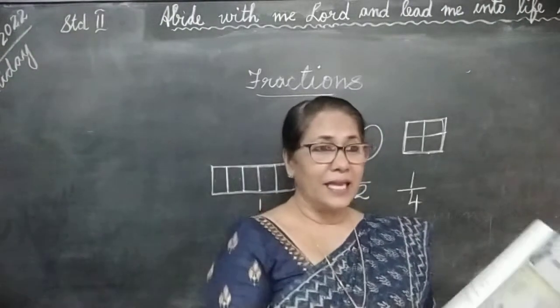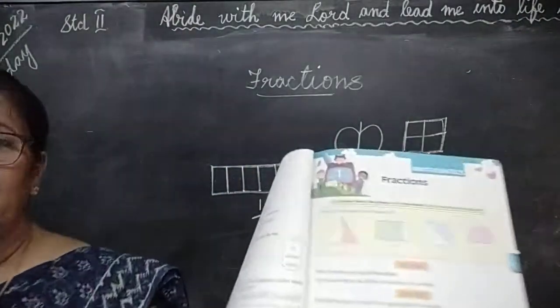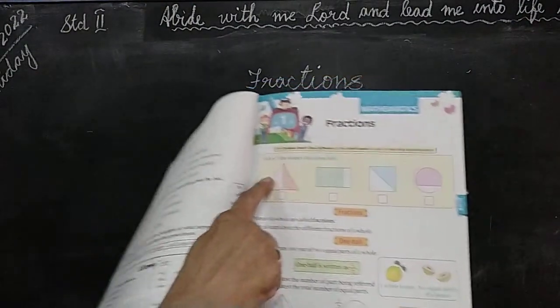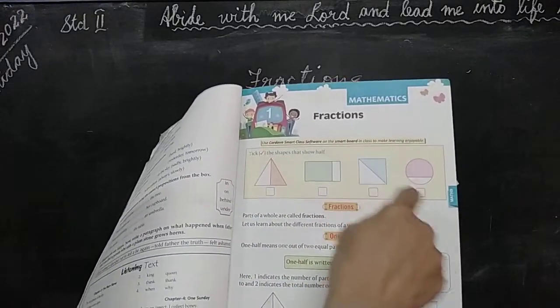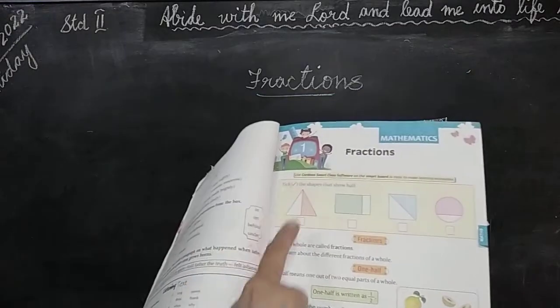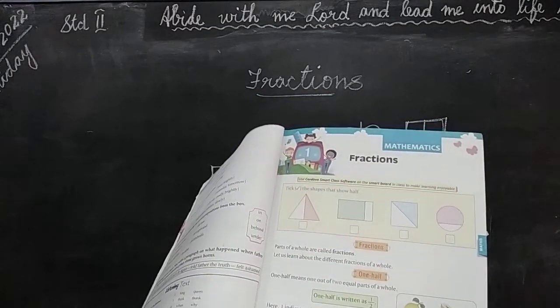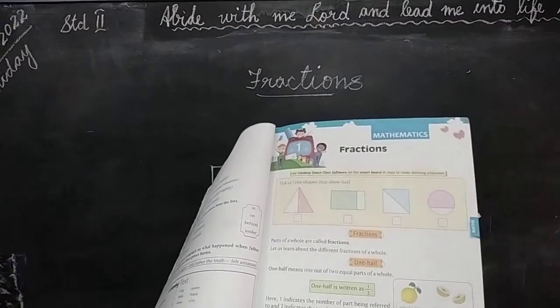Now you can see a triangle, then a rectangle and a square and a circle. In this, which are the ones that show exactly half?